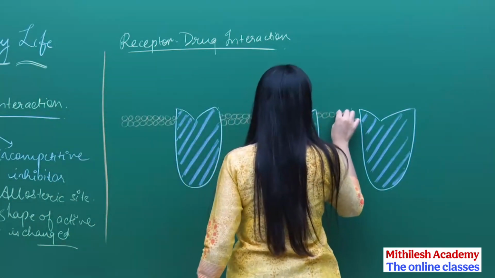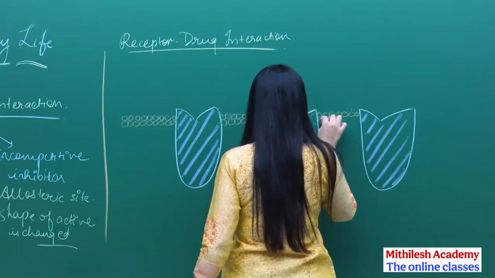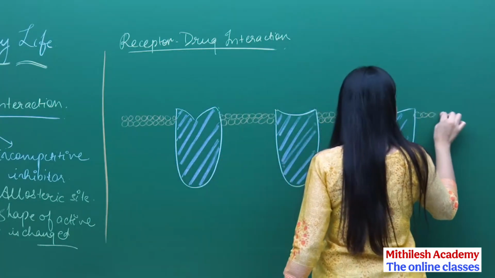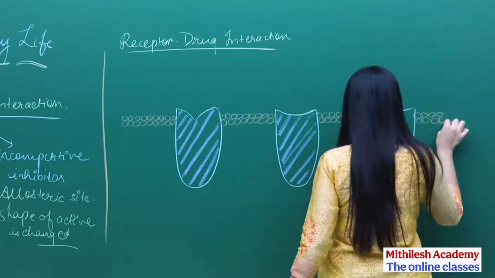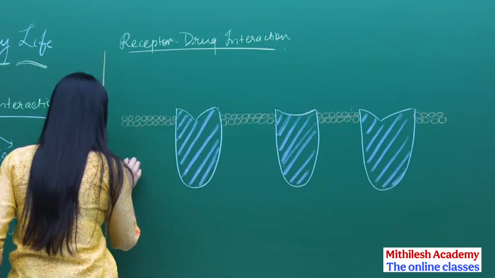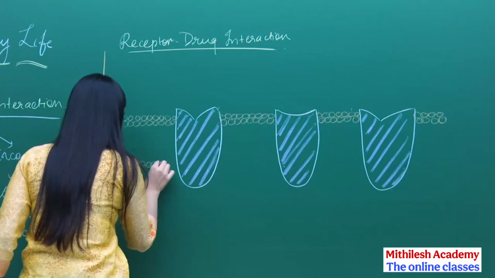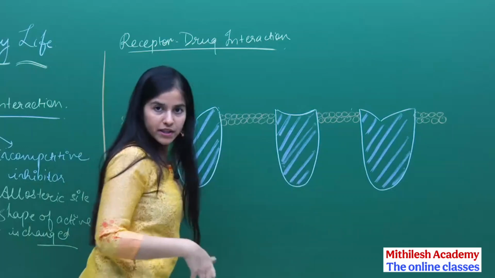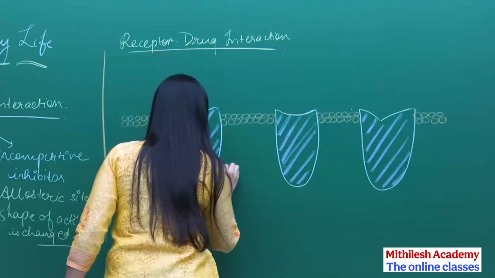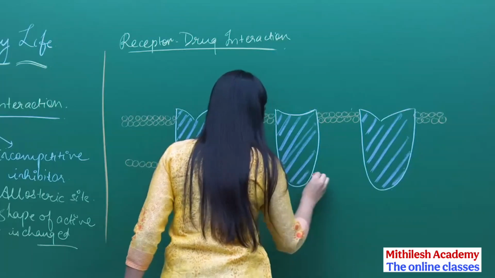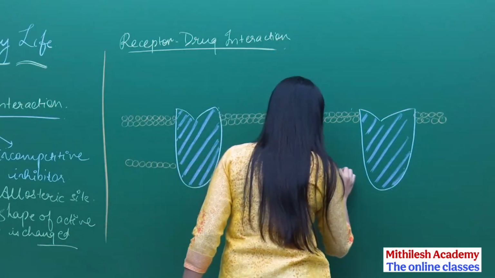So here let me just draw the cell membrane first. That is the outer cell membrane, and the inner cell membrane, that is the inner cell, and the receptor is somewhat embedded within it. These are not different kinds of receptors, but I am taking 3 cases, 3 stages of how it is going to act.